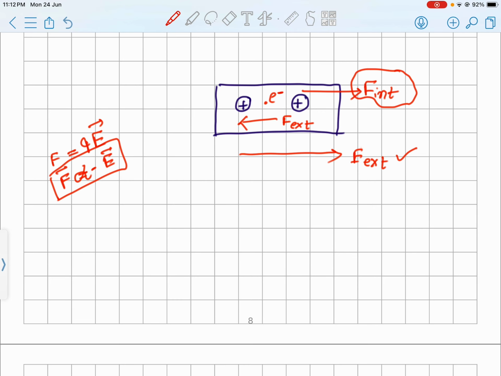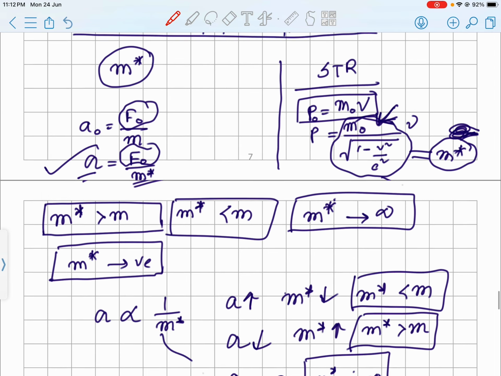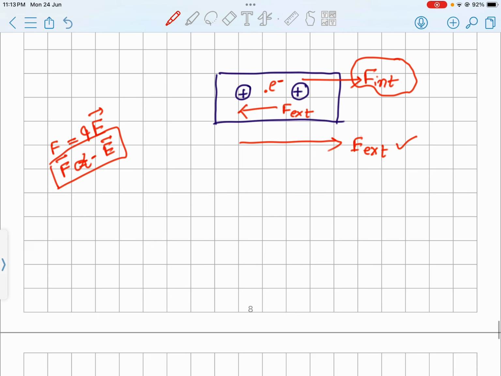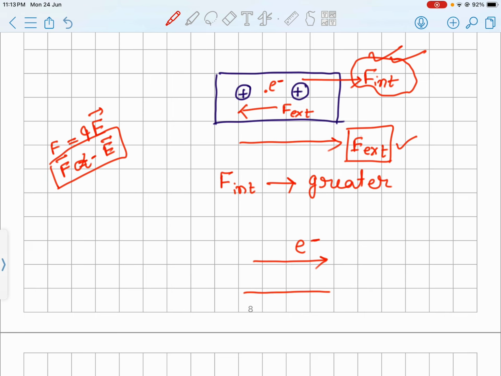This comes from potential of the solids, due to this. Now if F internal is very great, that is they are strongly bound, then the electron will move in this direction. External electric field will not dominate over this. Here dominant will be this one. So we will see that electron is moving like this, and external electric field also in this direction.